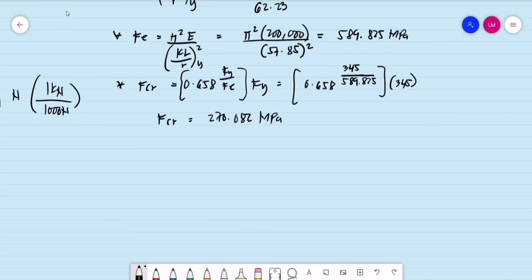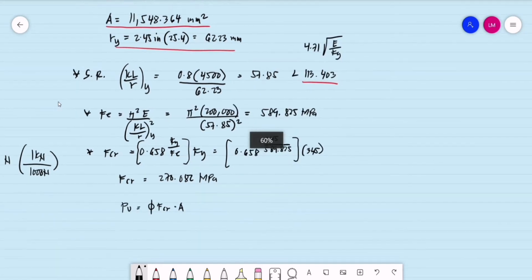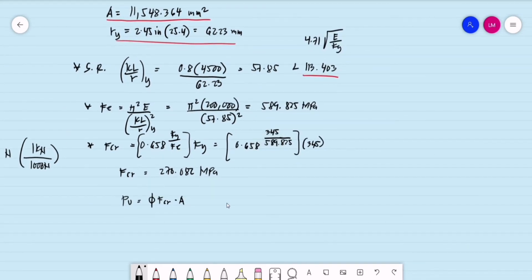So we have now the F sub CR. Let us compute for its capacity. The P sub U is equal to the reduction factor phi multiplied by the F sub CR, then the area of our new trial section. The area of this trial section is 11,548.364. The reduction factor is 0.90, F sub CR is 270.082 megapascals.